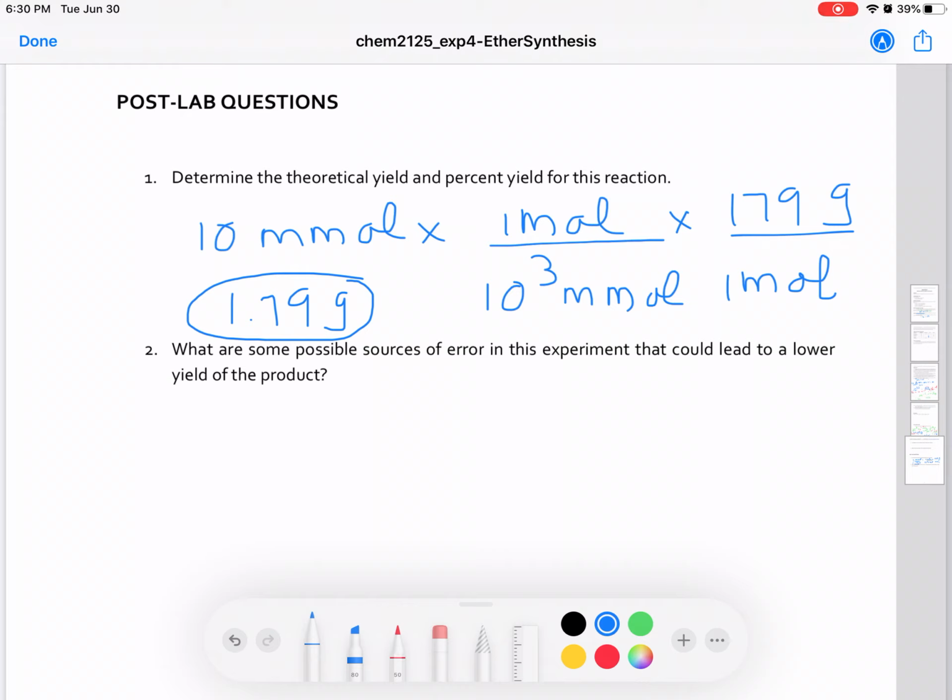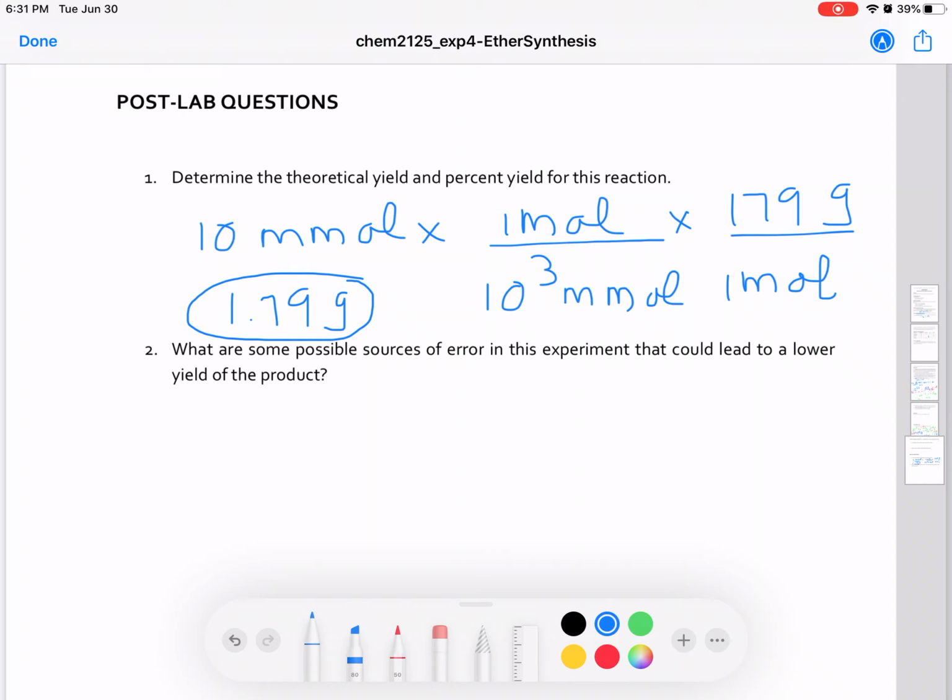So many things can take place. When you're adding sodium hydroxide, if all the Tylenol or the acetaminophen does not convert to alkoxide ion with sodium hydroxide, then not all Tylenol would be able to react with ethyl bromide. So that's one thing, right?